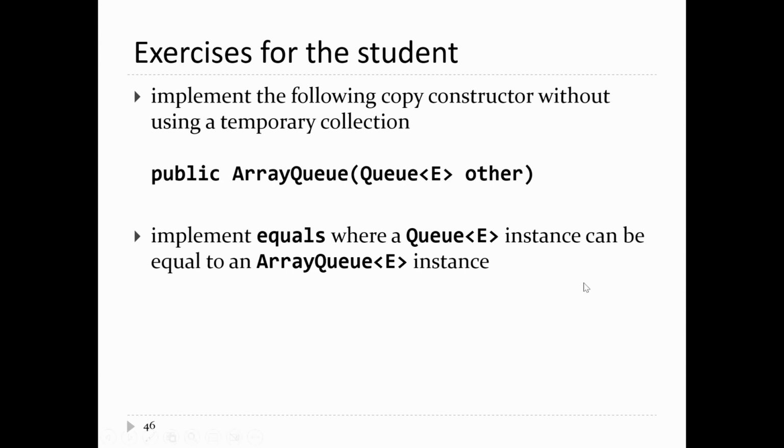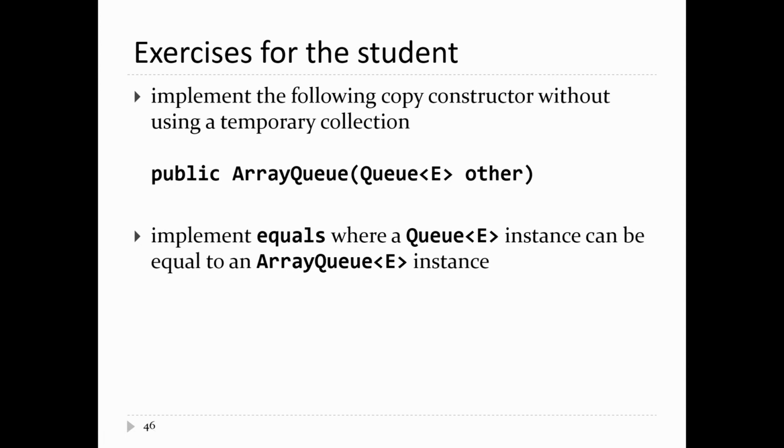And also, you don't want to change the other queue that you're comparing to. Again, methods should not have any side effects on the input argument. I'll leave you to think about how you might implement that as well. It turns out it's the same trick in both cases. So sometime after class, think about how you might go about implementing that constructor and that method.